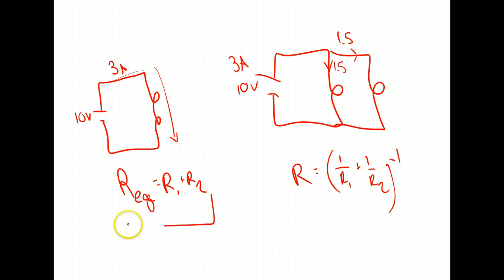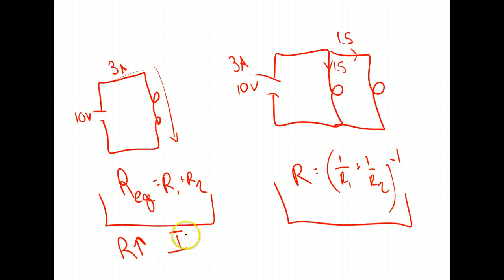Because as the resistance goes up, what happens to current? As resistance increases, what happens to current? Current decreases, right? Here, it's almost like the more things that I add to it, the less resistance I have in the circuit. And so I can distribute that current very nicely and evenly, right?